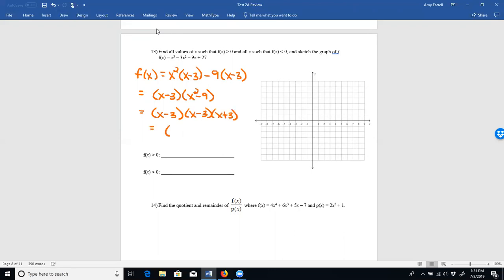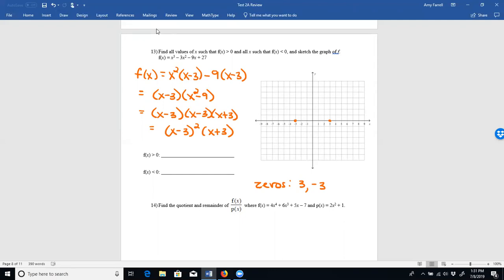Okay, since I have two factors of x minus 3, I'm going to write that as x minus 3 quantity squared. My zeros for this one, I only have two of them. Zeros are where f of x is equal to 0. Zeros are +3 and -3.